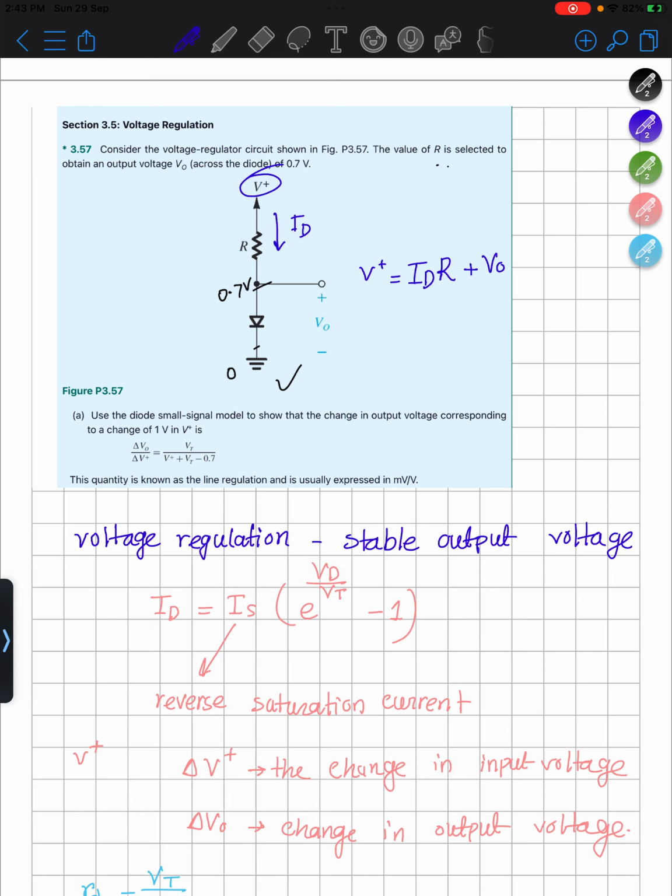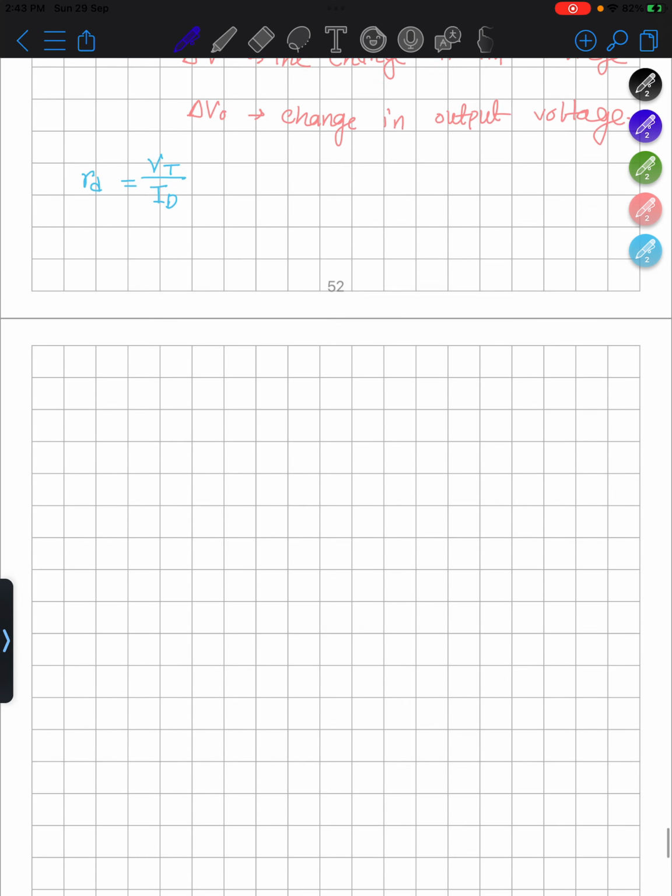And then we have to do small signal analysis.